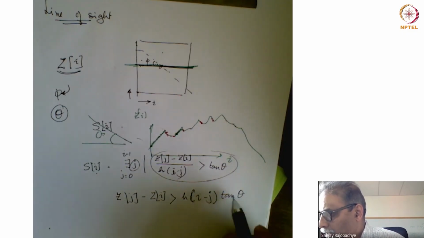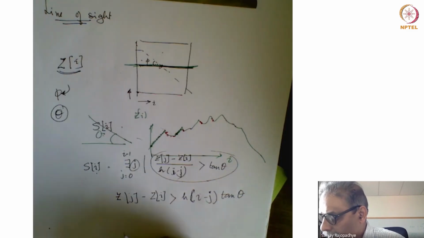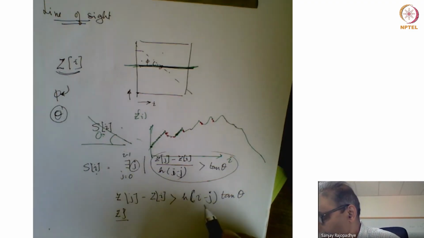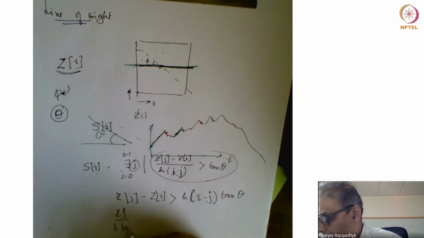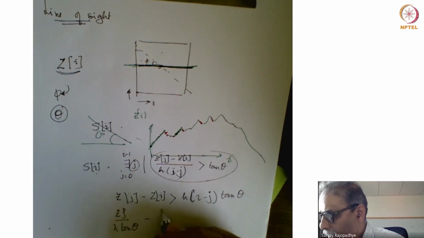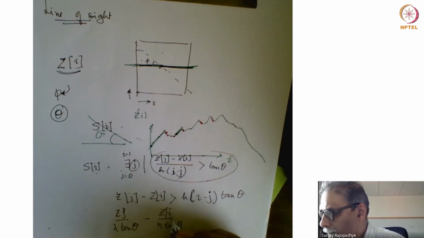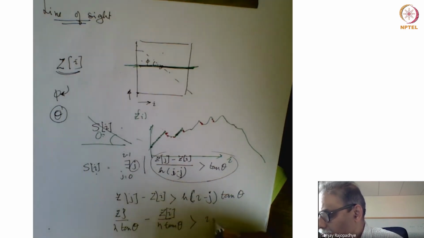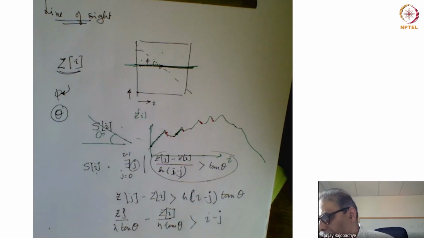So I'm going to divide everything by h tan theta, and I have zj divided by h tan theta.